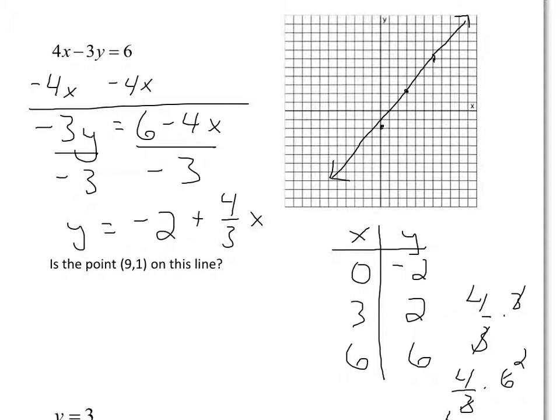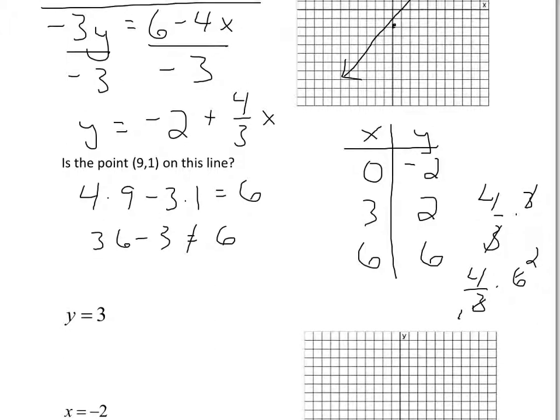So 4 times 9 minus 3 times 1. Does that equal 6? Probably not. 36 minus 3, nope, that doesn't equal 6. So that point is not on the line.